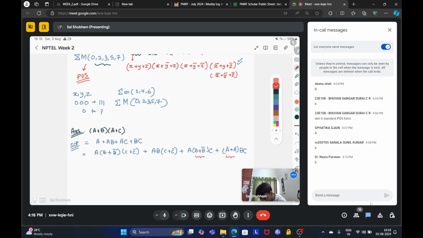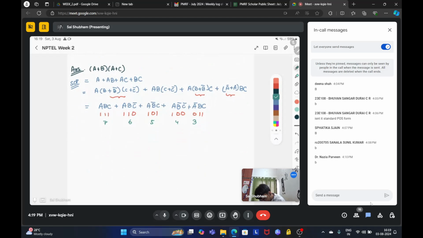Similarly, B was missing, so I have added B. In this case, B and C both were missing, so I have added like this. So it will come down to 111, 110, 101, 100, and 011. This is 7, 6, 5, 4, 3.